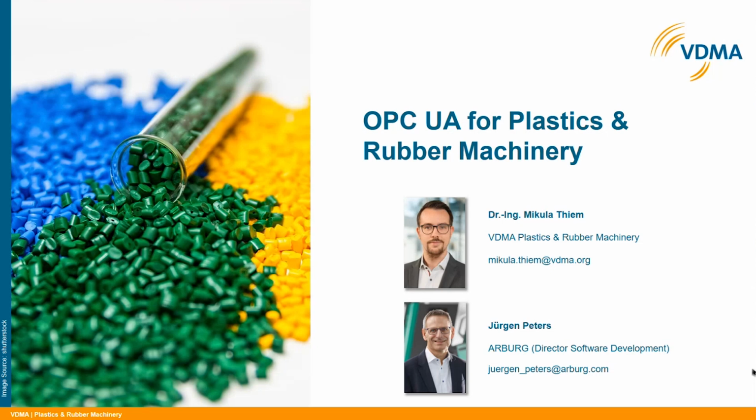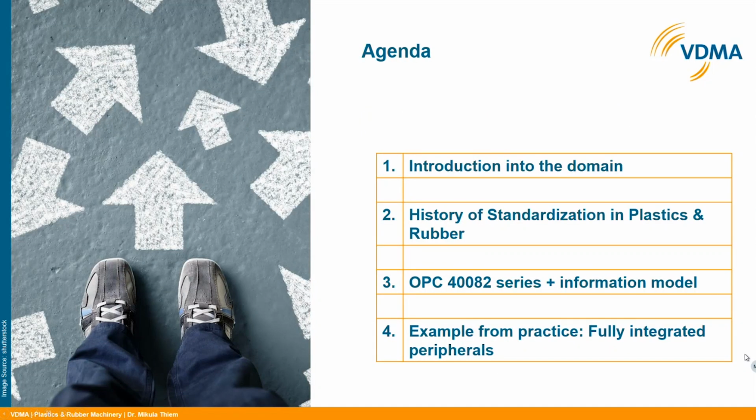Thank you very much, Andreas, and welcome from my side to our presentation today. So this is the agenda for today. First, I will give you an introduction into the domain of plastics and rubber machinery.